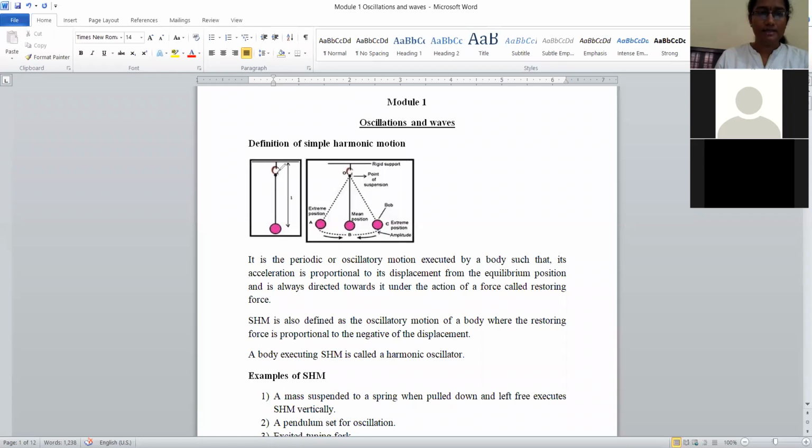So now here, this is a simple pendulum. This is called a bob or a metal ball, which is hooked to this point by a wire. This one is made to oscillate.